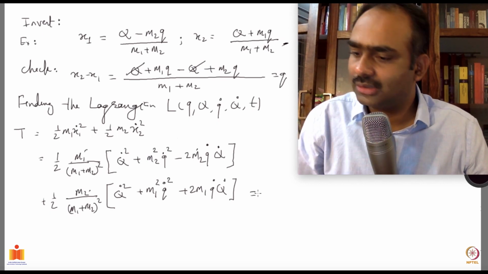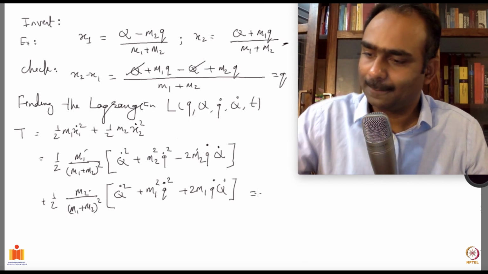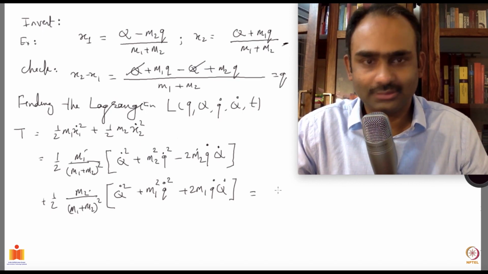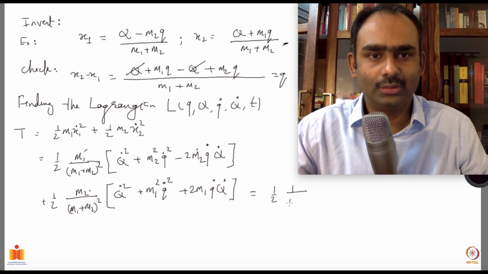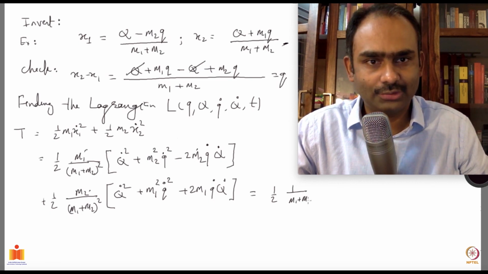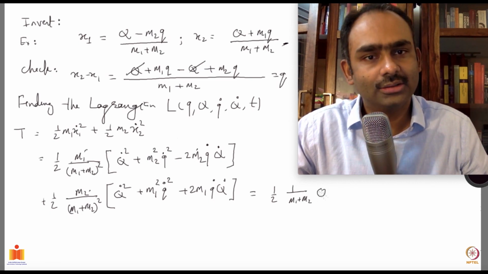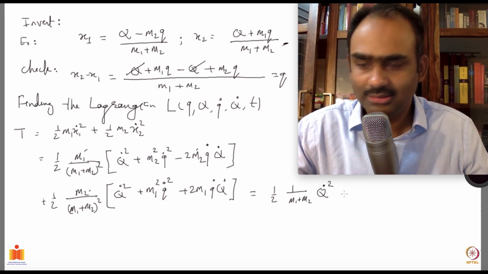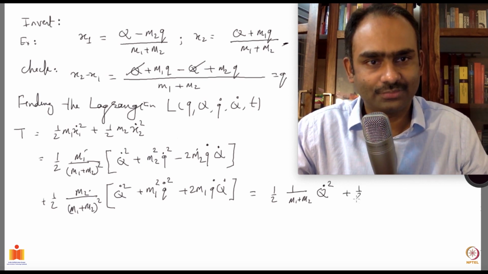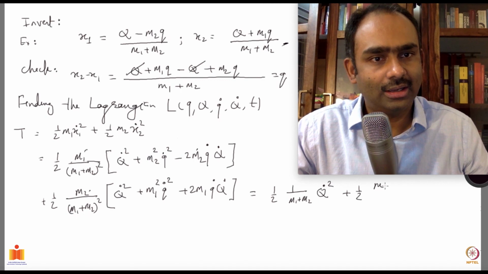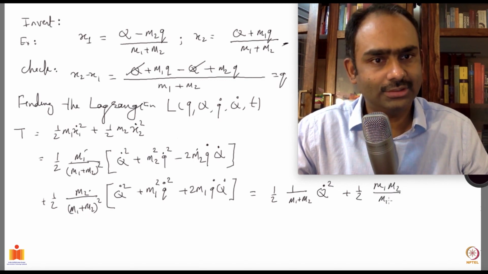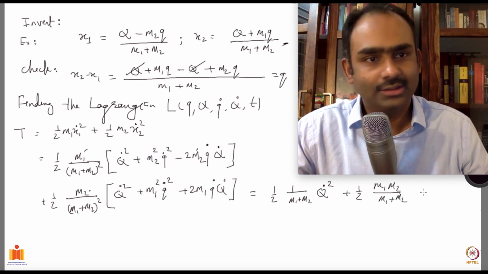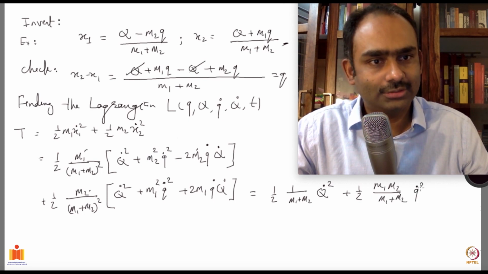Let me just write it down. What you're left with is half 1 over m1 plus m2 capital Q dot square plus half m1 m2 in the numerator and m1 plus m2 in the denominator, small q dot square.